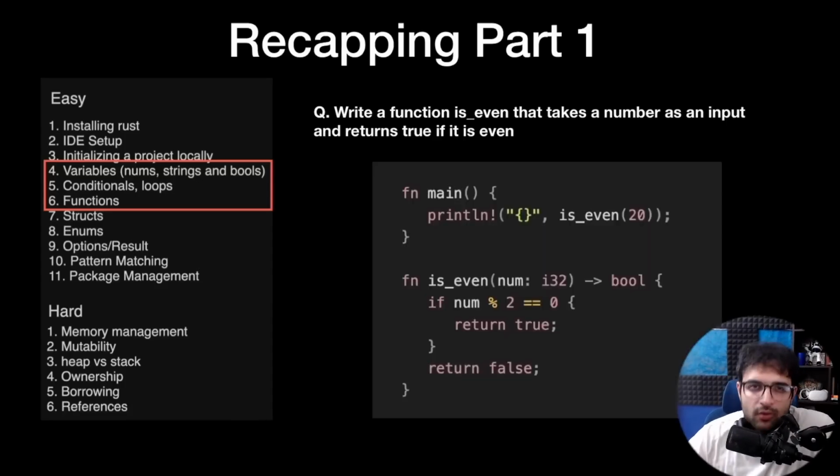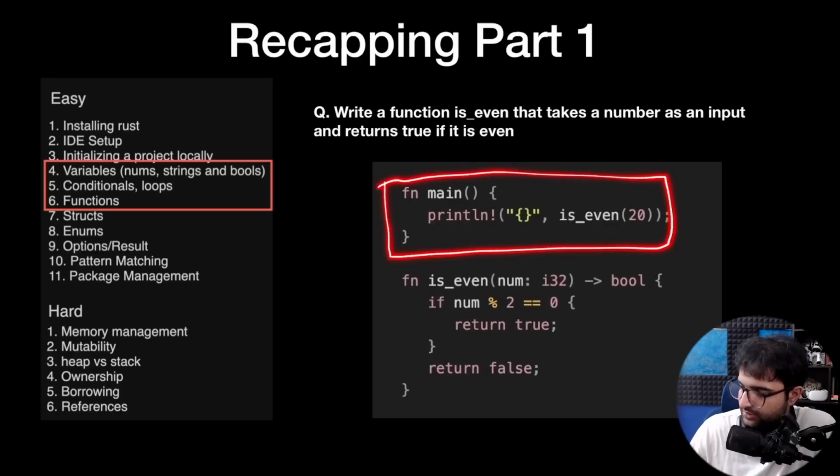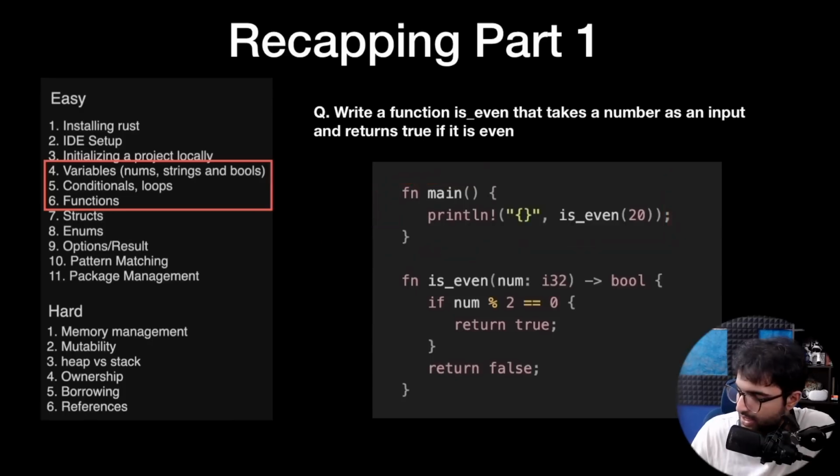This is the final code. There is a main function in Rust, which is the entry point of your application. This is the first thing that runs anytime you execute a Rust program. In here, I am saying, please print. What does this println macro do? This is not a function. This is a macro. We'll come to what macros are, but since there is an exclamation here, this means this is a macro.